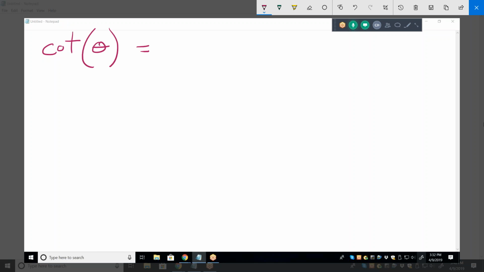So the cotangent of theta is equal to -3/4, and theta is in quadrant 2. What this is asking is use the given information to find the sine, cosine, and tangent of 2 theta.